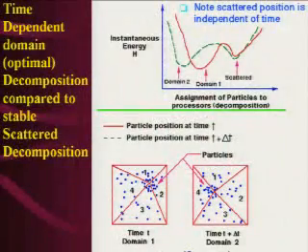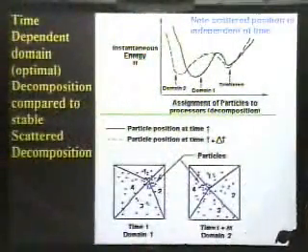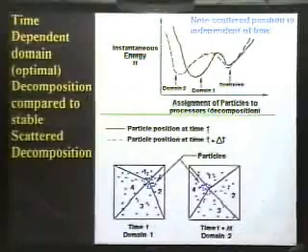All I'm actually trying to make here is this point. There is a difference between the instantaneous optimal decomposition and the stable optimal decomposition. This is shown here. So this is some globular cluster or something, and it moves.